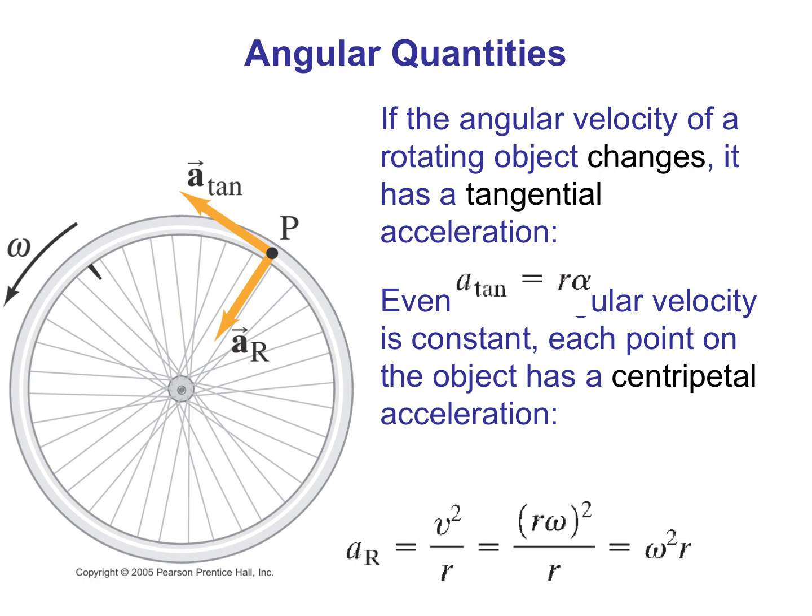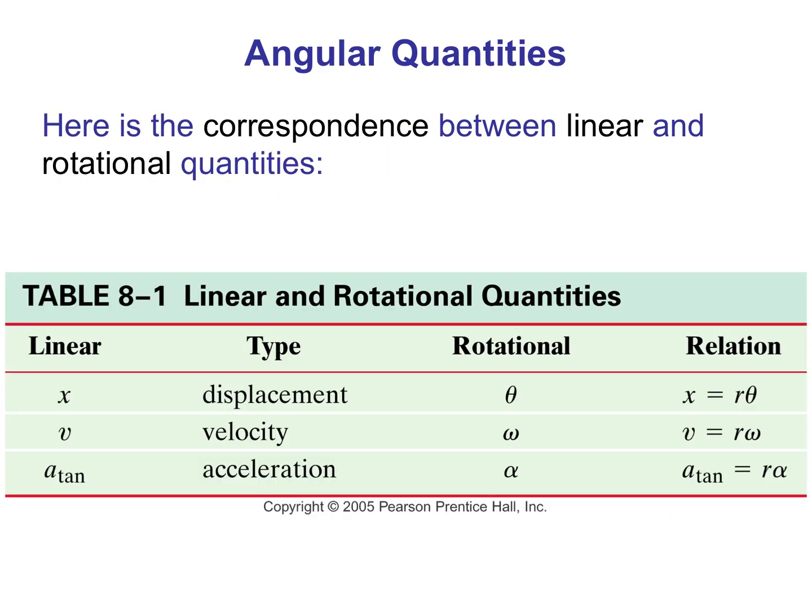And this formula just puts two formulas together. If I plug in for the velocity r times omega, I'll get this relationship. And this is going to get us nicely to the relationship between displacement, velocity, and acceleration. What we did up until now is x, v, and a, which is displacement, velocity, and acceleration. In rotational quantities, when we use angular quantities, we have angular displacement, angular velocity, and angular acceleration.